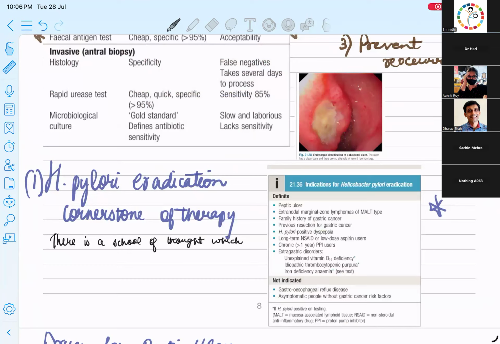Whenever you find a patient with a gastric ulcer, you should know that it is in the background of a pan-gastritis, chronic infection, and atrophy. So the risk of malignancy is much higher in a gastric ulcer than a duodenal ulcer.